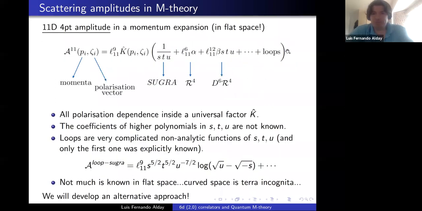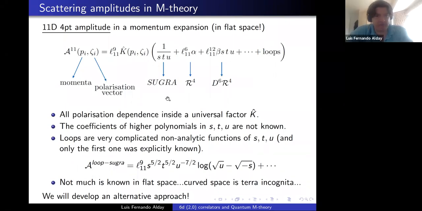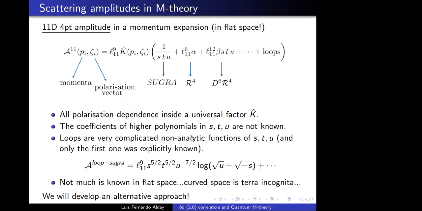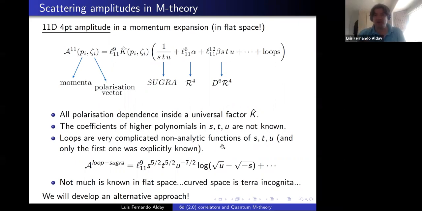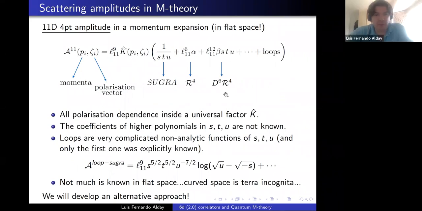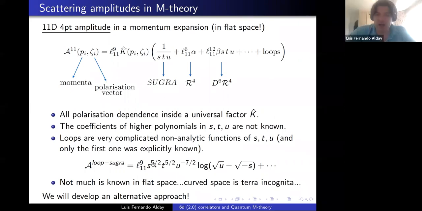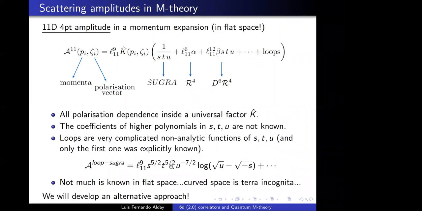And in addition, we have some loop corrections which are known, that arise from the square of these supergravity corrections, but they are very complicated non-analytic functions of S, T and U. For instance, the first one here is proportional to L11 to the 9 and is equal to the 11-dimensional box function. As you see, it is some complicated non-analytic function of the Mandelstam variables S, T and U.